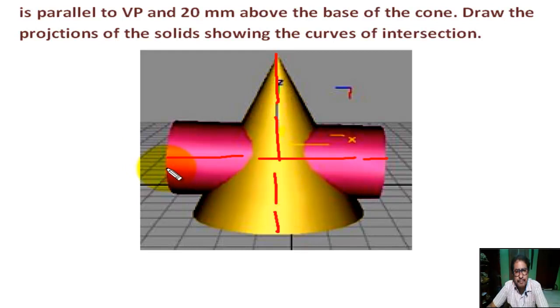The axis of the cylinder is parallel to VP and 20 mm above the base of the cone. This is 20 mm. We draw the curve of intersection. This is the curve of intersection.